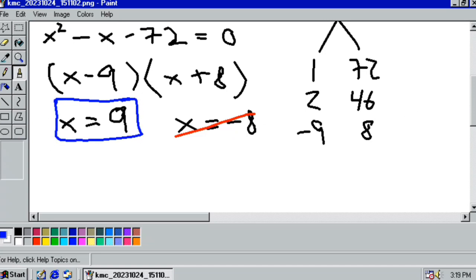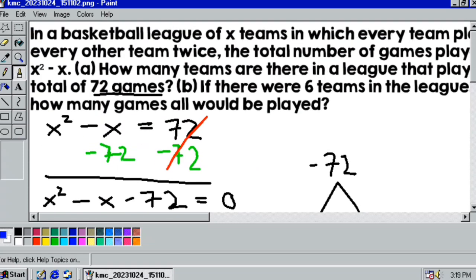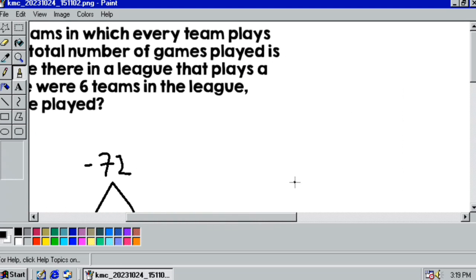Now we have a second problem. If there were 6 teams in a league, how many games would be played? You can try it if you want to. First, let's have the equation here.